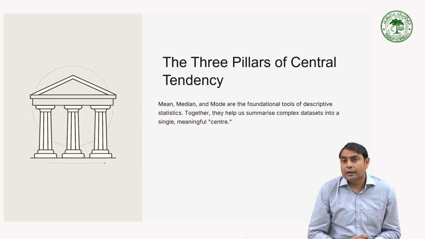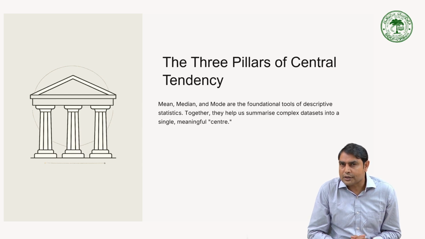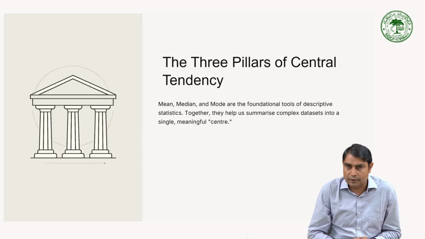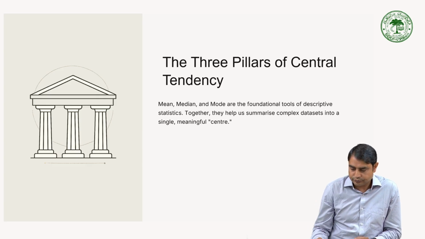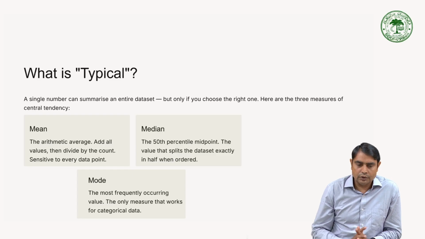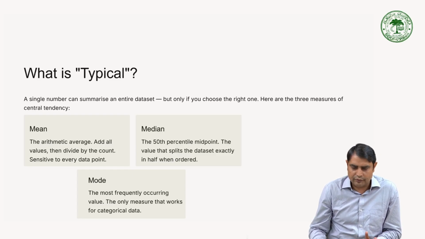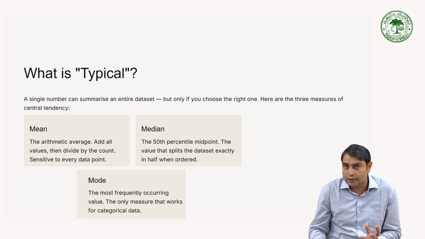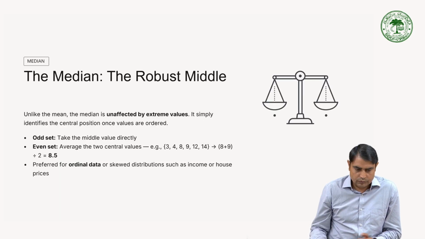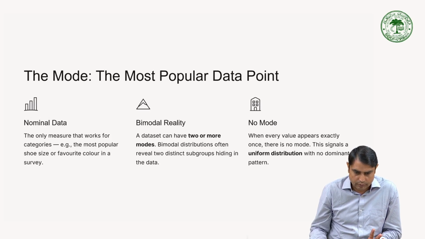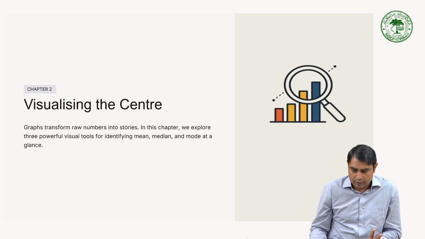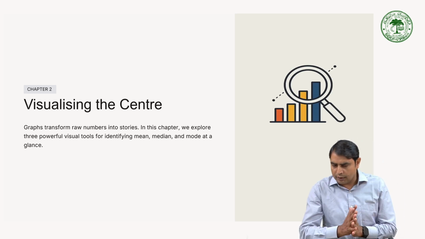In this class, we are focusing on the graphical determination of all these three. They have their own properties. Mean is the mathematical mid, median is the positional mid, and mode is the highest frequency. We will learn more about these in the coming classes, so let us not focus more on it.